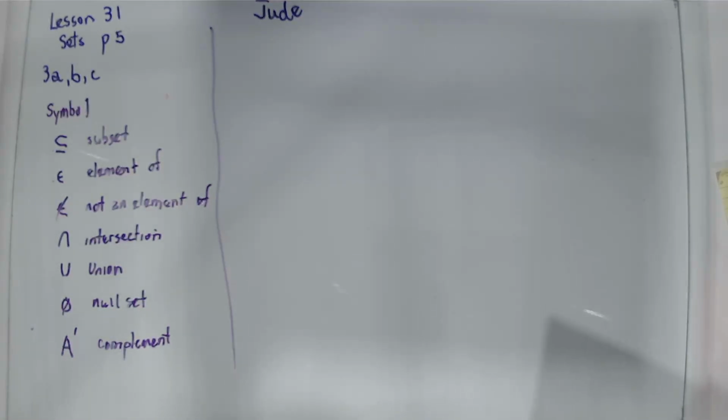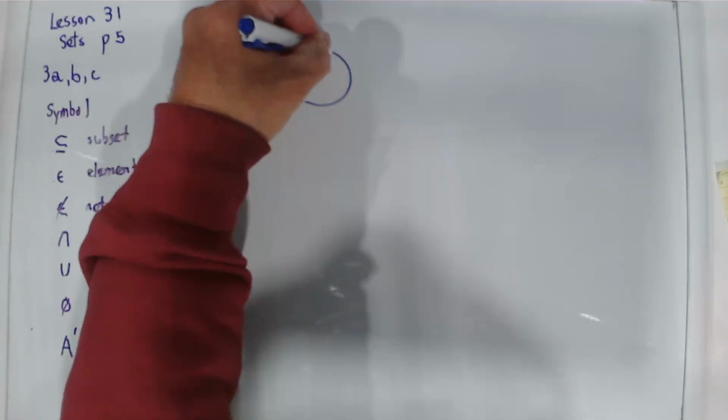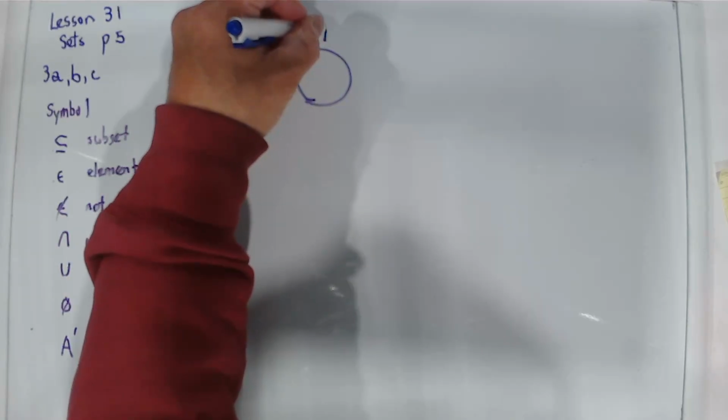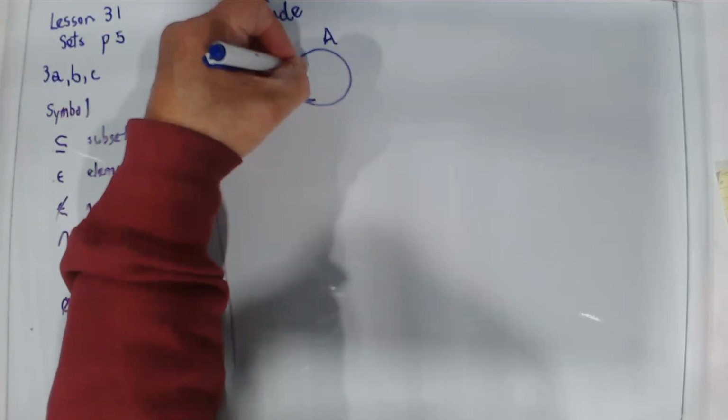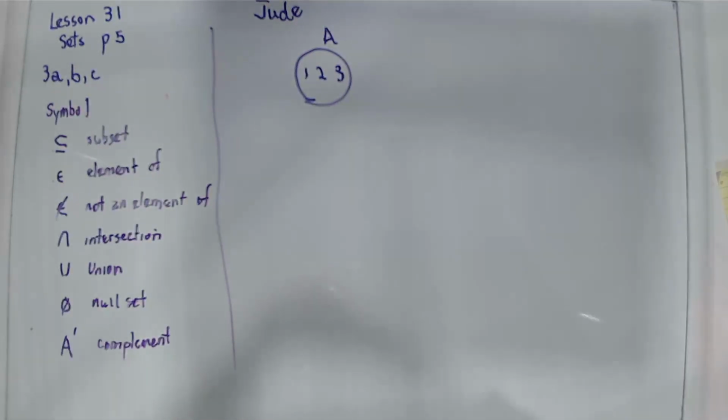So let's take a look at sets really quick so we know what we're talking about. So let's say I had a set A. And let's say I had 1, 2, and 3.